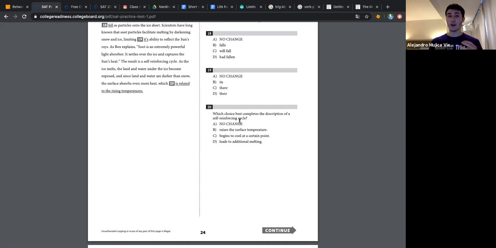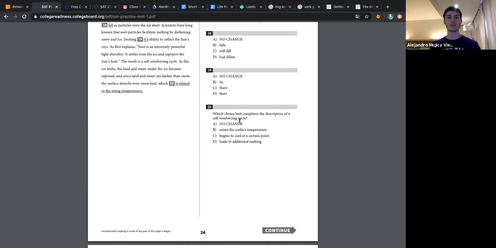Even though they're talking about the same thing, we're talking about different phrasing and different focus. Like one talks about the rising temperature, one mentions the surface, one mentions cooling, and one mentions melting. So that's why we have different ideas here. And we're asked which one fulfills the description of a self-reinforcing cycle.